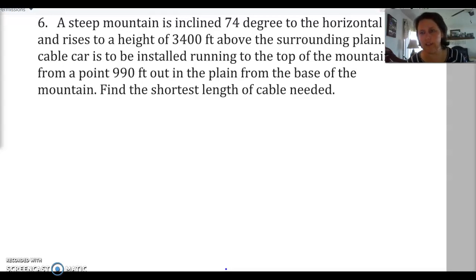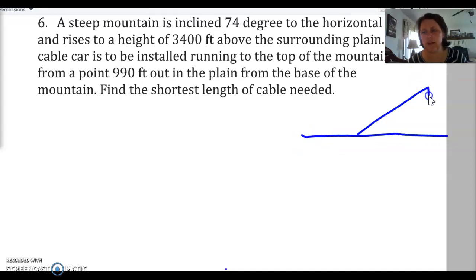Alright, so let's get a picture started here. Okay, there we go. So we've got a mountain coming out here to the plain.